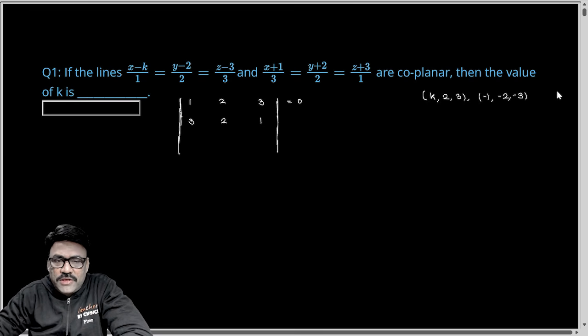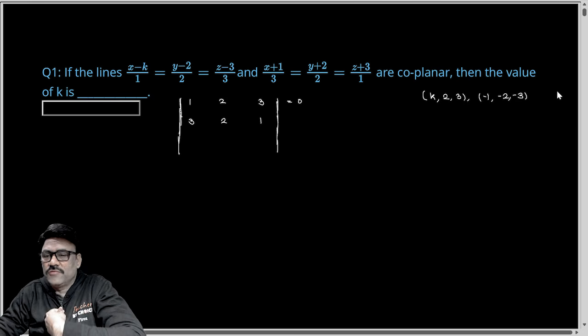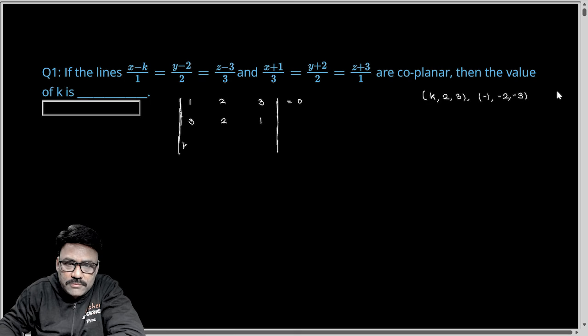You can see the first line is passing through the point K, 2, 3, and the second line is passing through the point -1, -2, -3. So in the third row of this determinant, you will write the difference of these 2 points, means K plus 1, then 2 plus 2, which is 4, then 3 plus 3, which is 6.